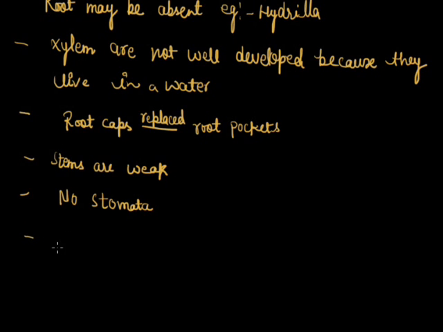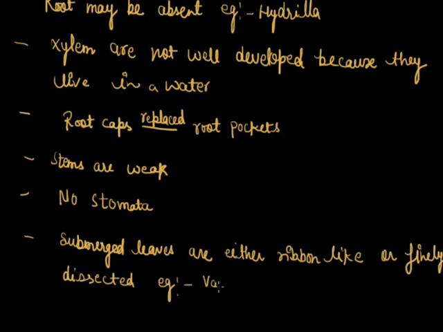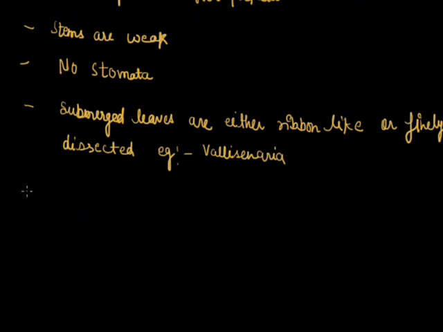The submerged leaves are either ribbon-like or finely dissected. For example, Vallisneria. Floating leaves are generally large, broad and thick.